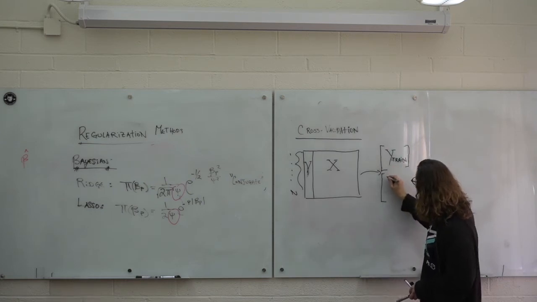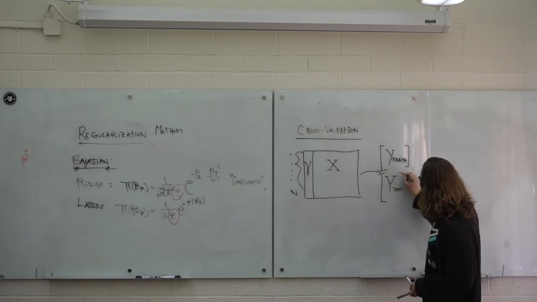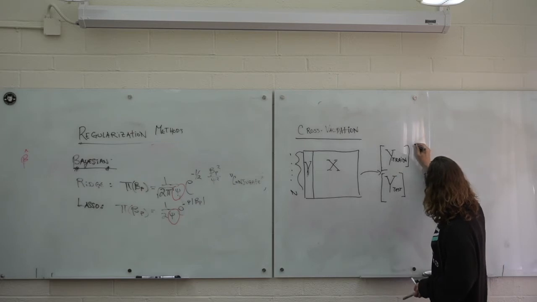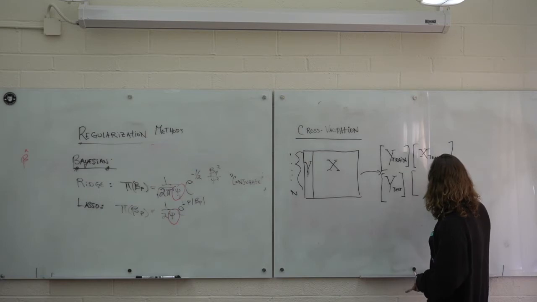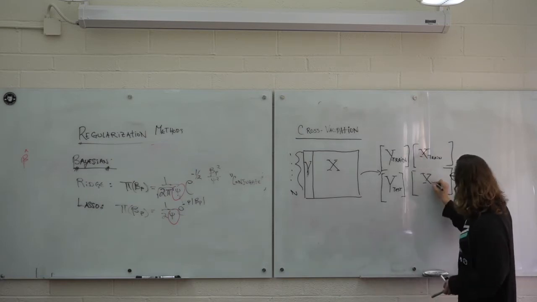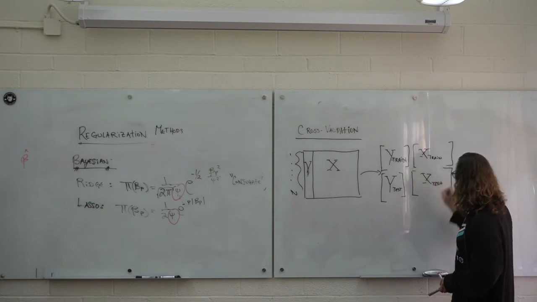And then I'm going to have y test. And then I'm going to have the corresponding x's as well. So this is x train. And this is going to be x test.